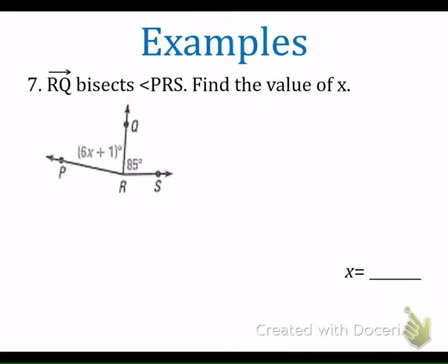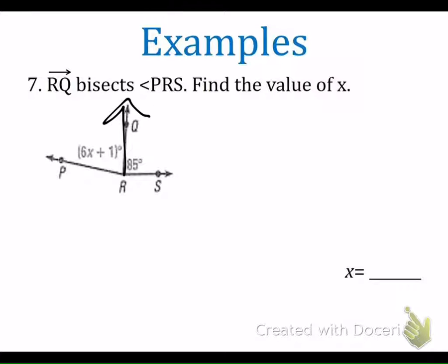All right, number 7. This says that ray RQ bisects angle PRS. So this ray bisects the big angle. They want us to find X. So if it's bisected, what do I know about the smaller two angles?